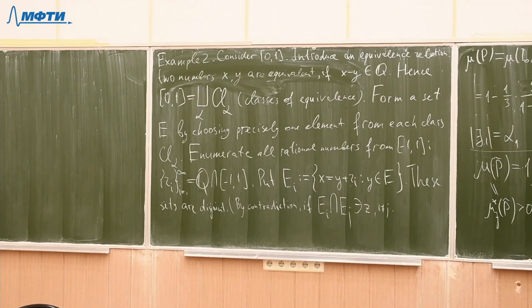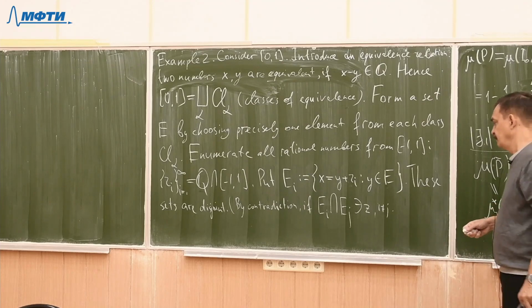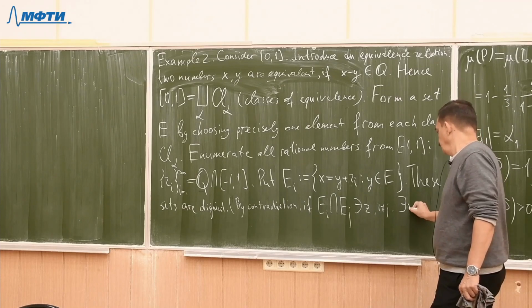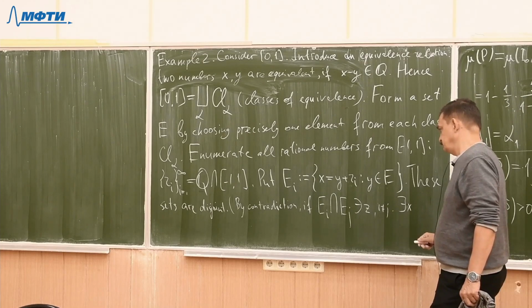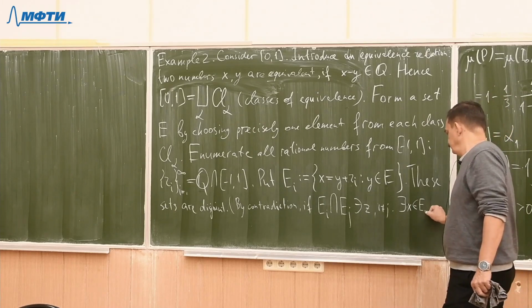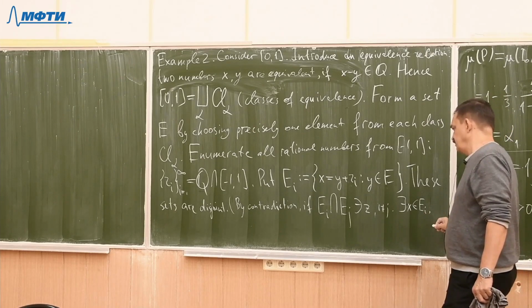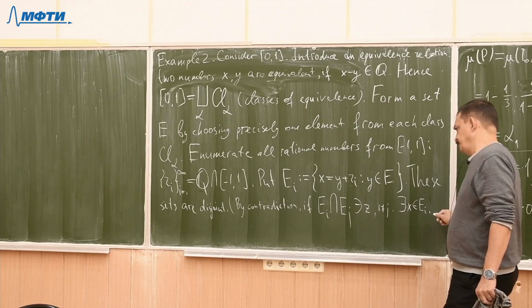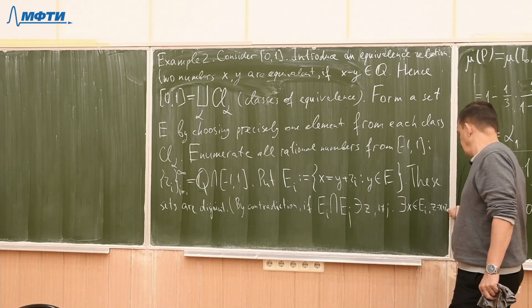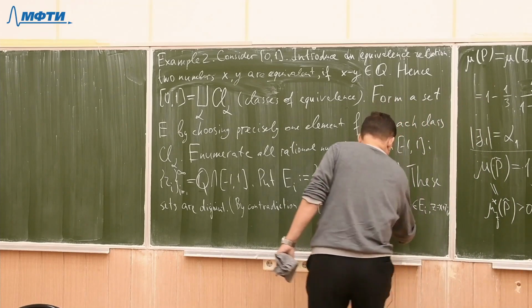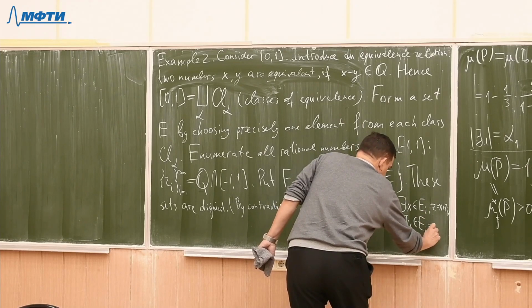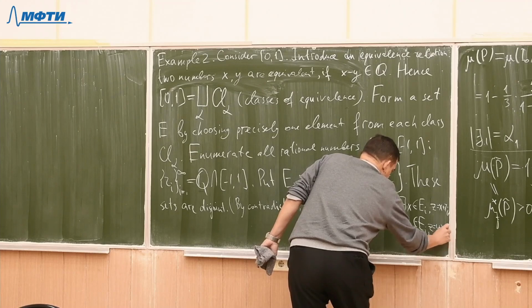It means that there exists, let's say, X in E_i such that Z equals X plus r_i, and there exists Y in E_j such that Z equals Y plus r_j.